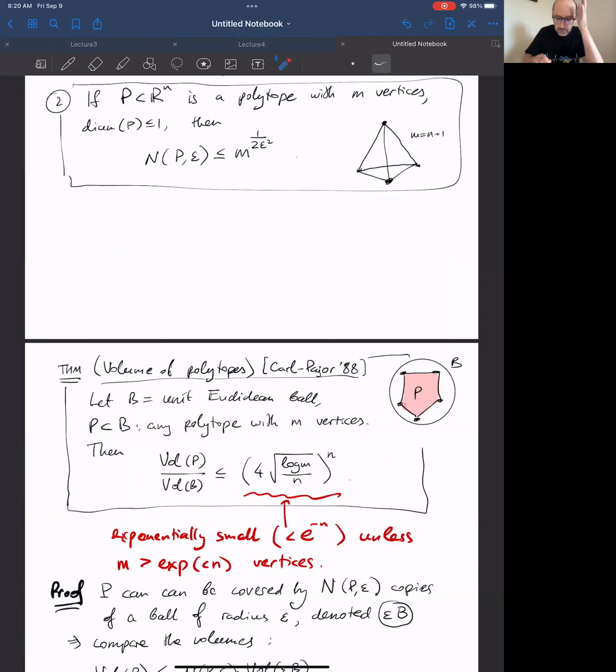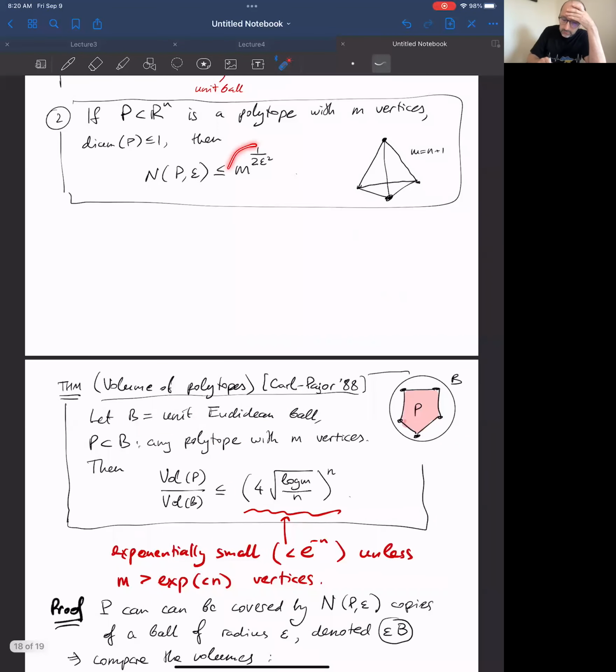Okay, so we want to substitute this. There's just a little bit of an error I am making here. The diameter should be smaller than 1, and the diameter of the unit ball is not 1. It's actually what? Its radius is 1. Diameter is 2.